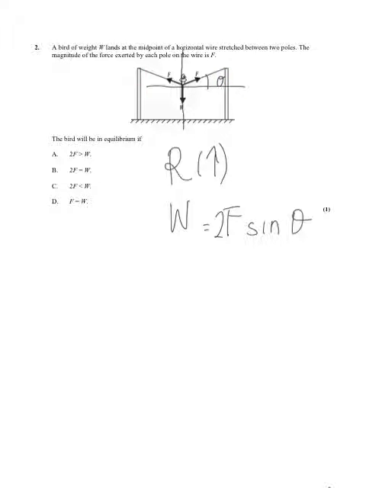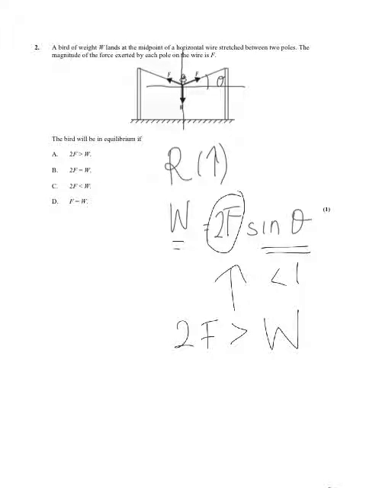But there's 2, so it's 2 times F sine theta, which means that 2F times sine theta, which is less than 1, would give you W. And that tells you that 2F is then greater than weight. So the answer is A.